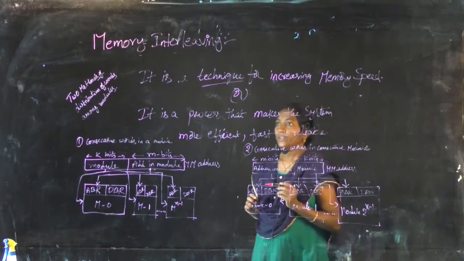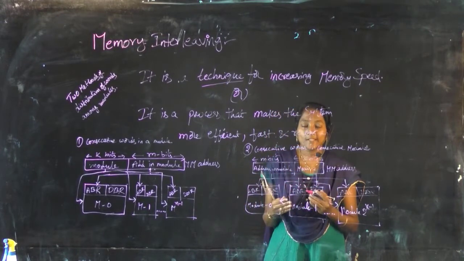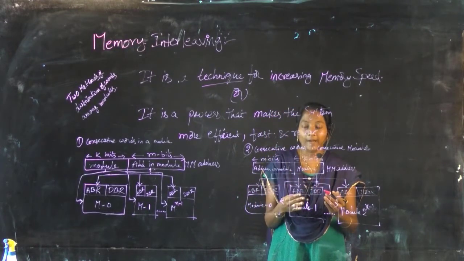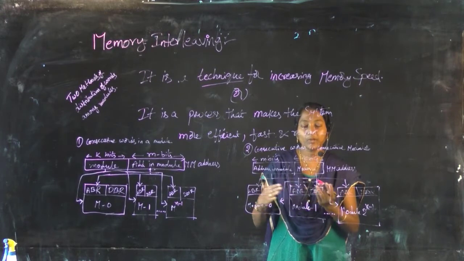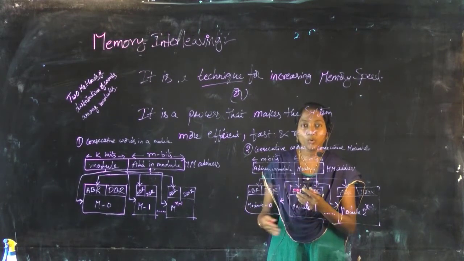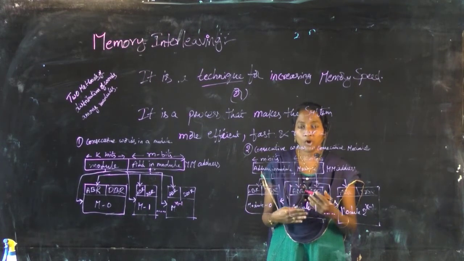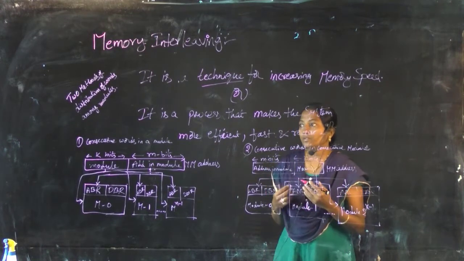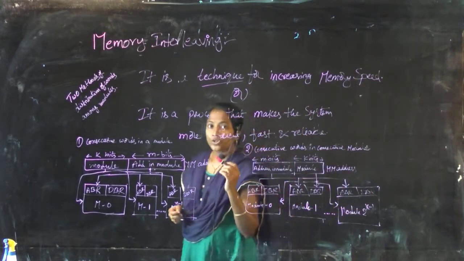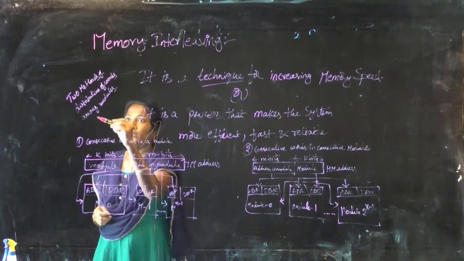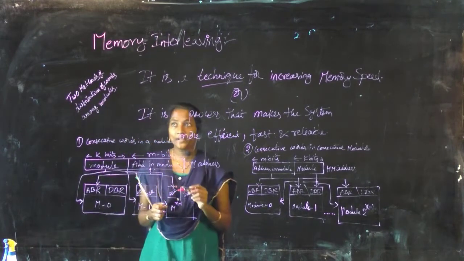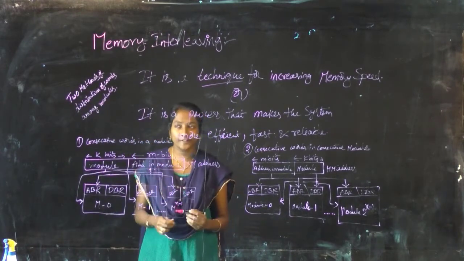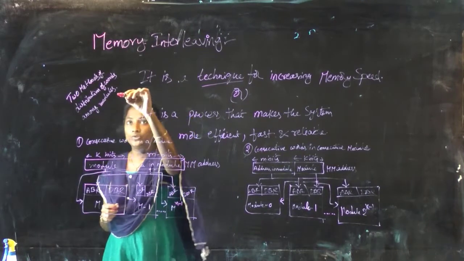Let us see how the processor copies the data from main memory to cache memory to increase the speed of operation. Here there are two methods of distribution of words among modules.